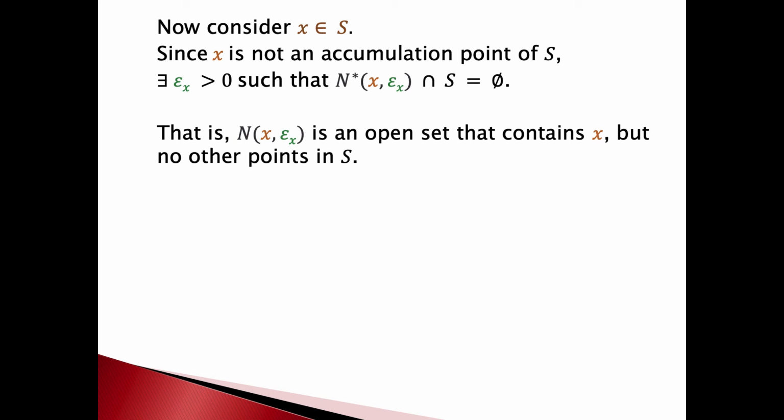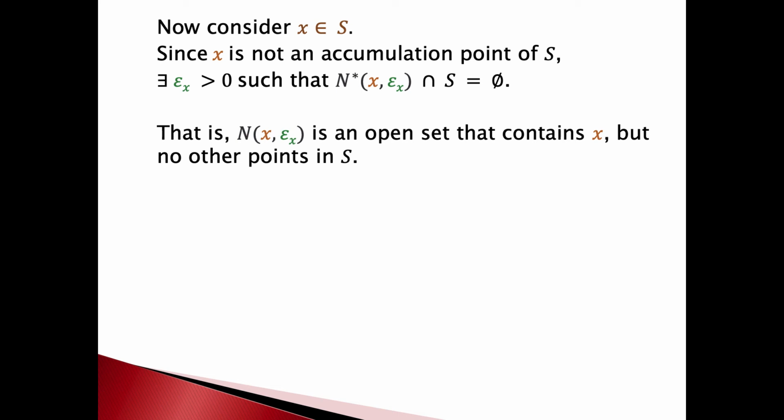But the deleted neighborhood didn't contain any other points in S. That means that x is the only one in there, because the whole neighborhood contains x, but the deleted neighborhood didn't contain anything else that was in S. So I've gotten an open set that contains x but nothing else in S.